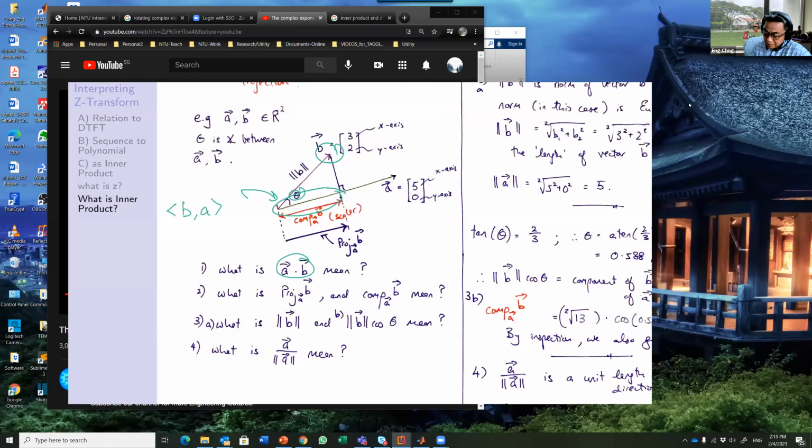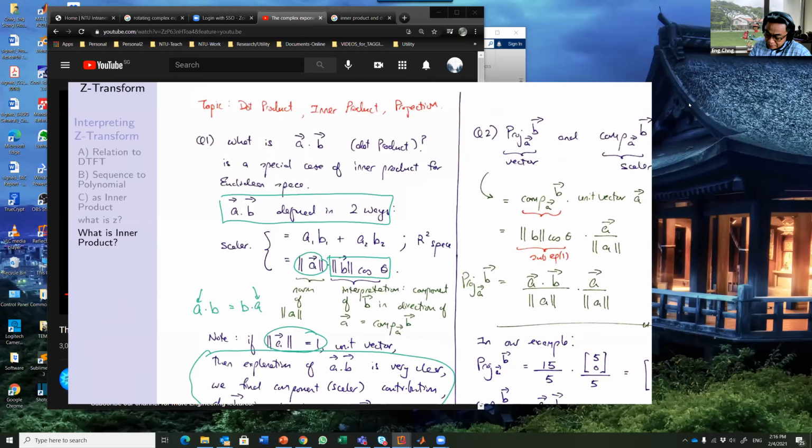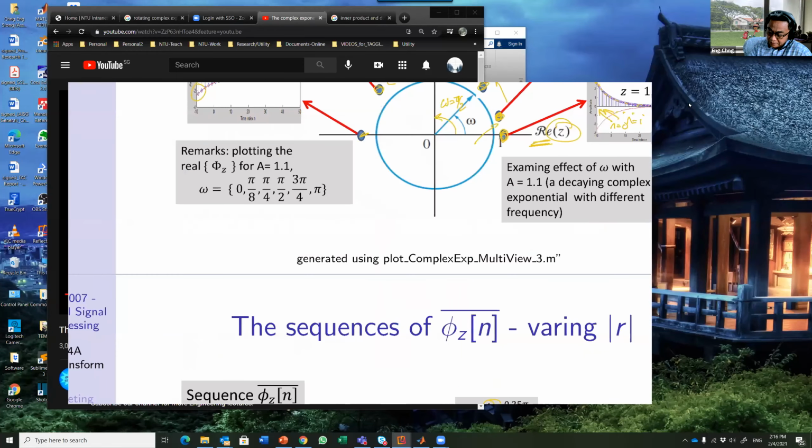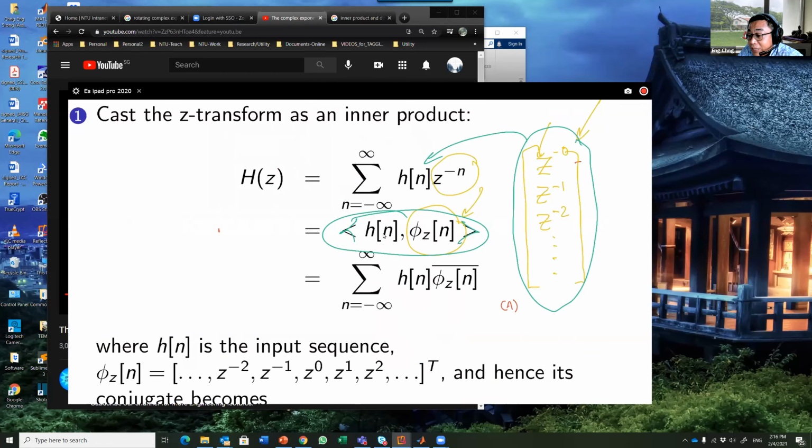Okay, so you read this, and then let's go back up again. Now, if you understand this term, how much of B is in A, then what am I asking you to do? I'm saying, how much of H is in this vector? By changing different omega, how much of H is in another vector?